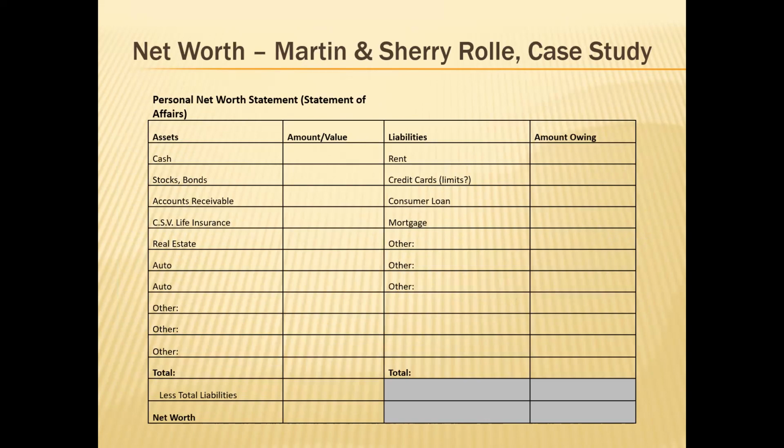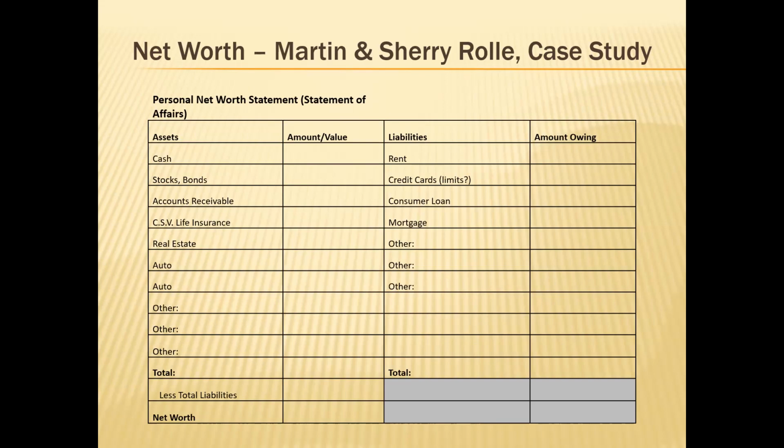Doing the net worth. Now this net worth statement is pretty short because we're not given much information. We weren't given any information on their cash, nor any stocks or bonds, accounts receivable, cash surrender values, or life insurance. The first item we had was real estate, right? Where do we get the real estate value?